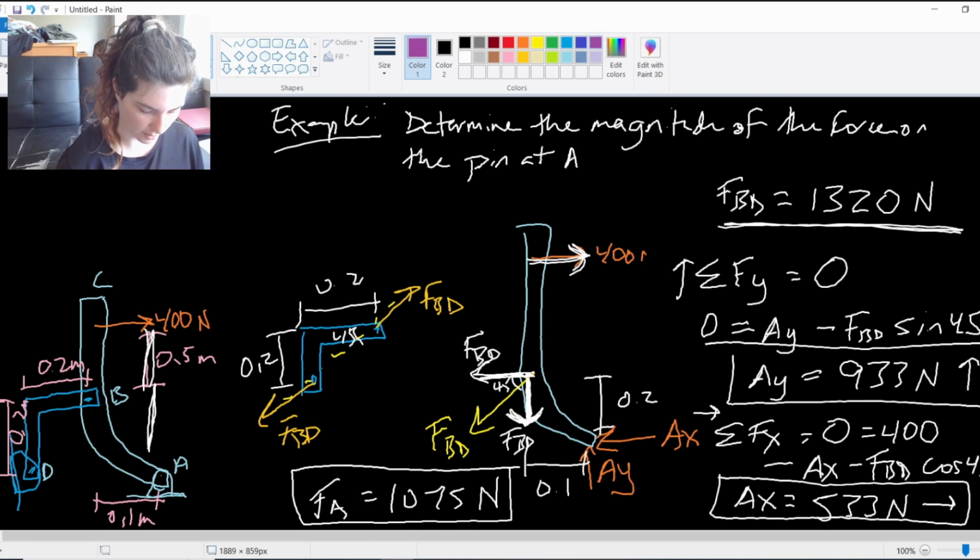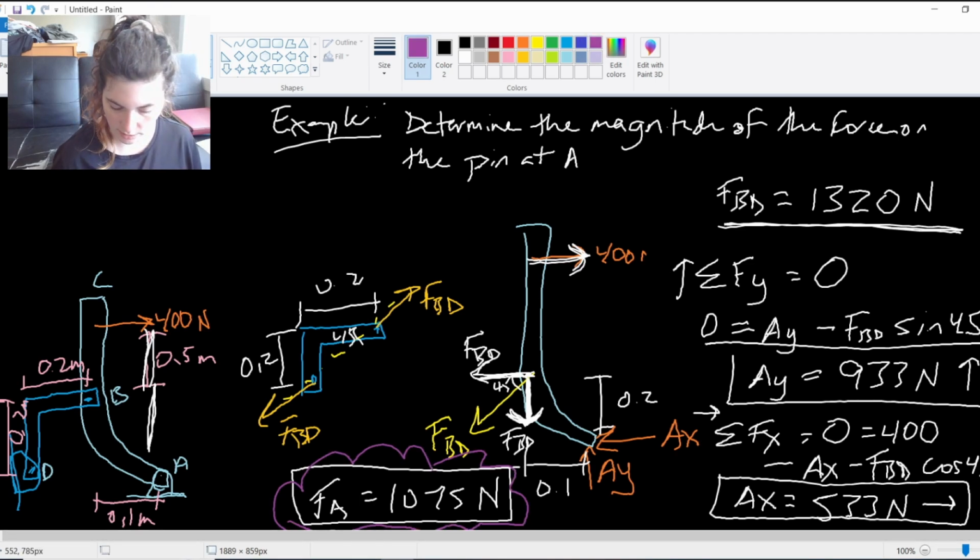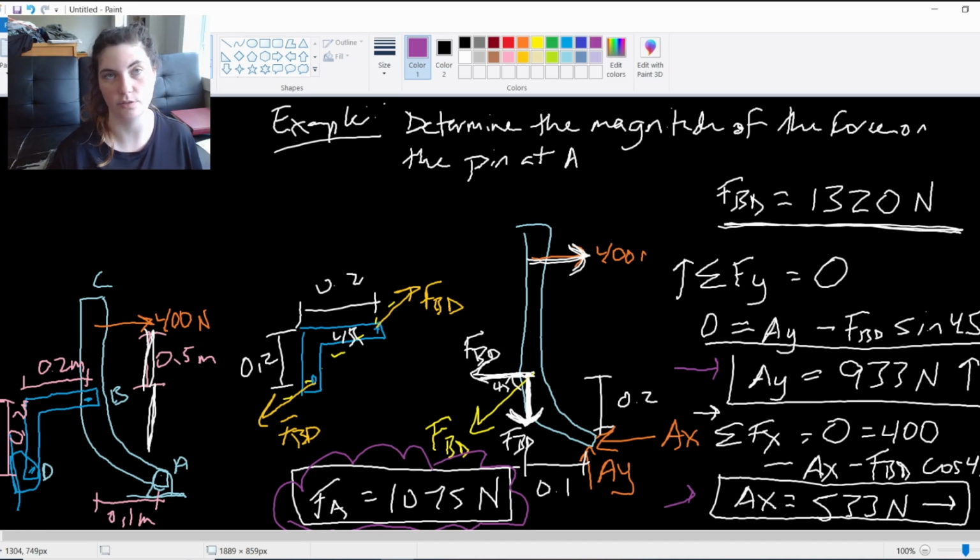And this would be my final answer here. You could leave it as either one of these answers, but it asks for the magnitude of the force on the pin at A, so I would probably do a combined magnitude on that one.